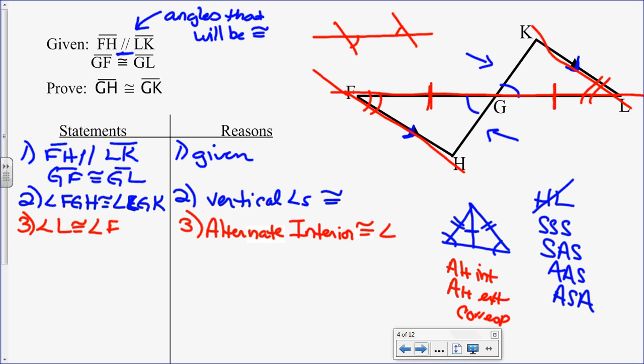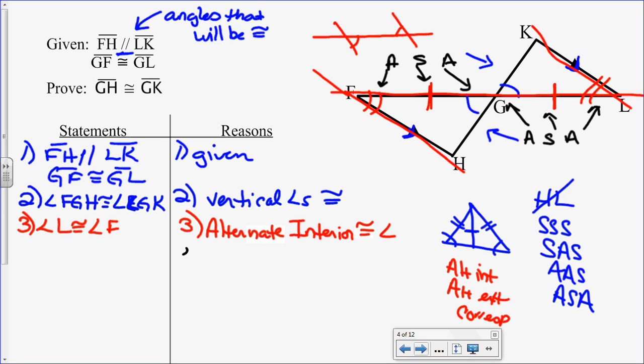So we now have an angle, a side, and an angle congruent to an angle, a side, and an angle. So the triangles are congruent, right?